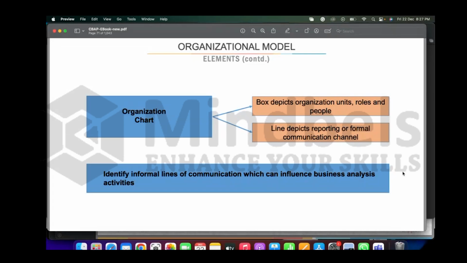Would you leave it, or would you just continue doing what you want? No, you will create a channel of communication with other people who are connected to that particular activity of the BA approach.